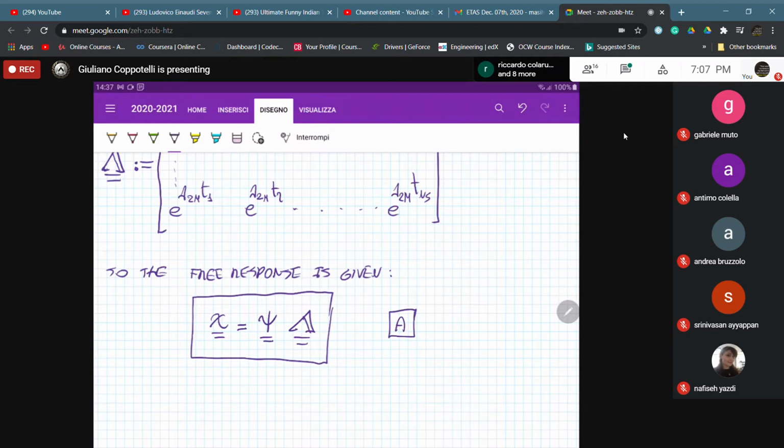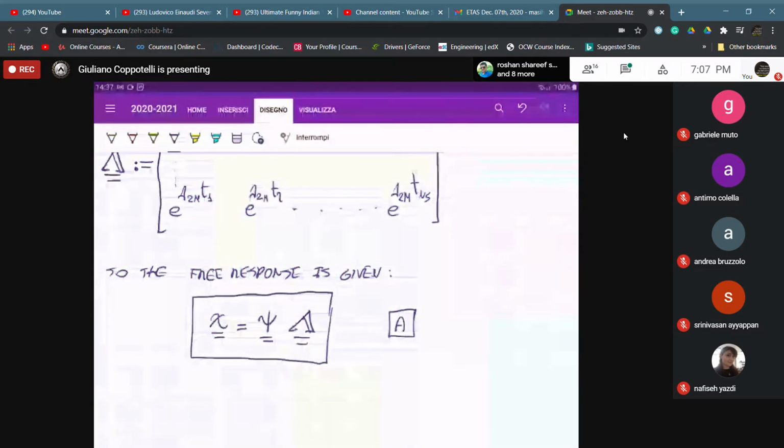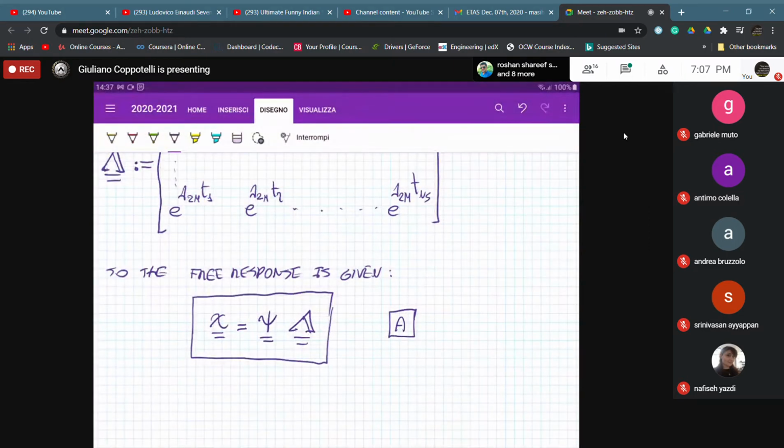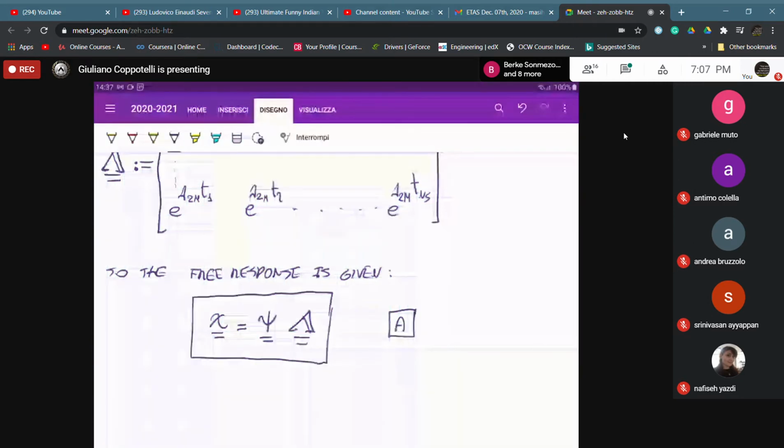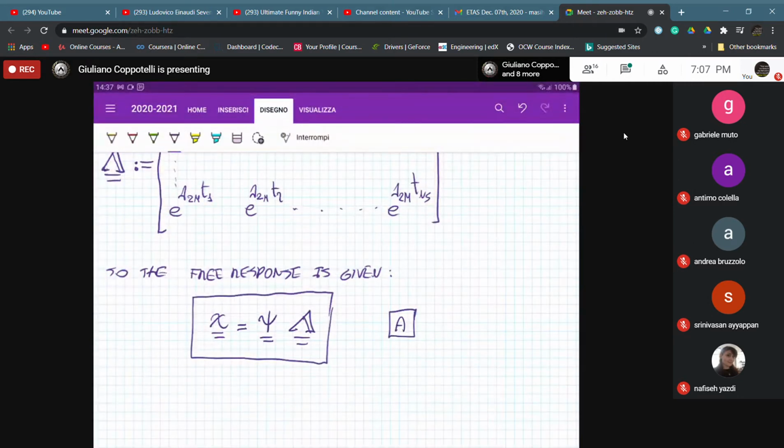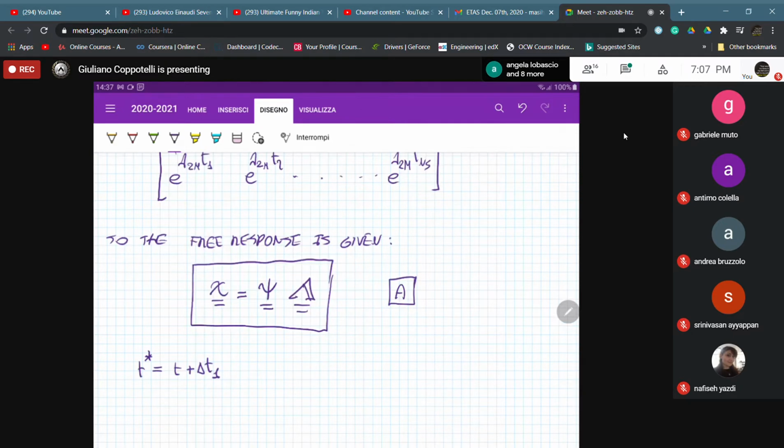Now, the method is redoing the same evaluation of the time responses as we already did, but using a time shift, a different time sample as the first value that we are considering. So instead of using your t, that is your previous analysis, we shift that to a different t, let me call it t star, equal to the previous one plus a time shift, let me call that delta T1.